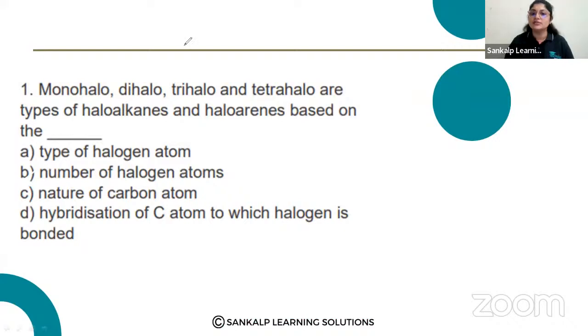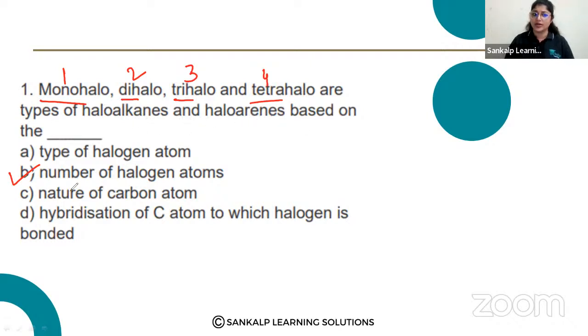So option B. Right, option B. Suhas, Muskan, yes, the answer is right. So it is based on the number of halogen atoms. Why? Monohalo, dihalo, trihalo mean what? Mono means one halogen atom, di means two halogen atoms, tri means three, and tetra means four.